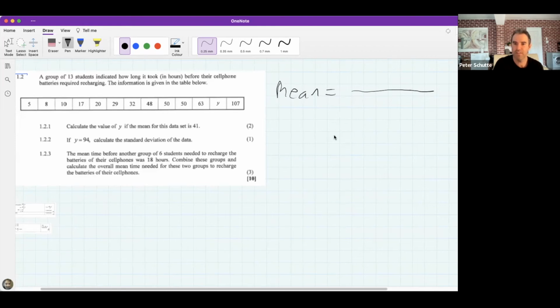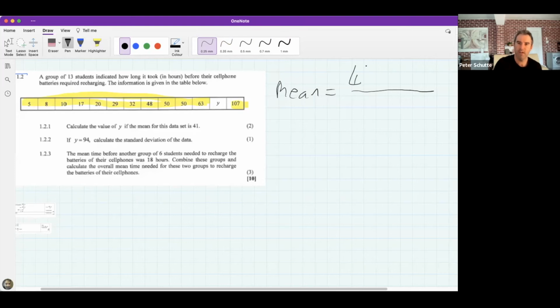Siavuya, I see you have an answer. So I would start by adding up all of these things. What do you guys get if you add up all the yellow things except y? Yeah, 439, exactly.